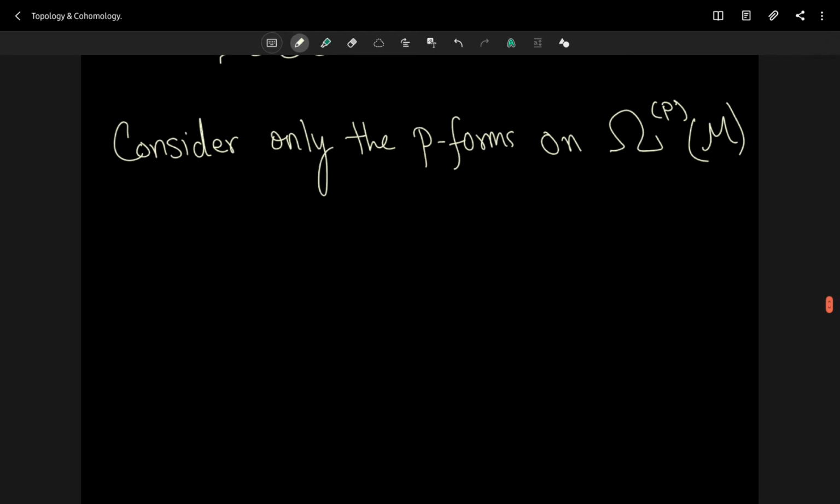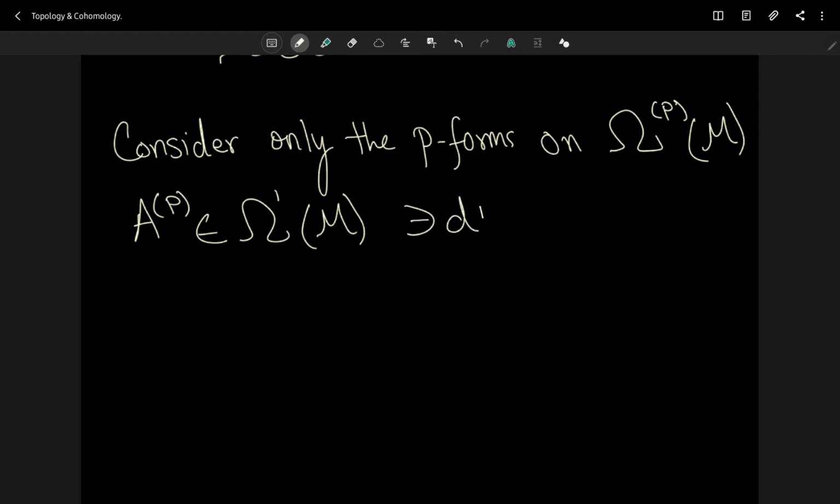Now consider those P forms which satisfy this thing, that a P form belongs to this space omega p of M, such that the exterior derivative of this P form is 0.